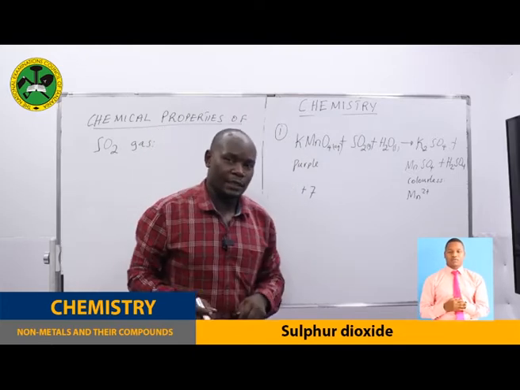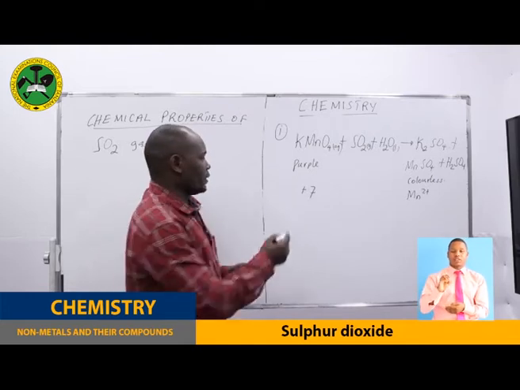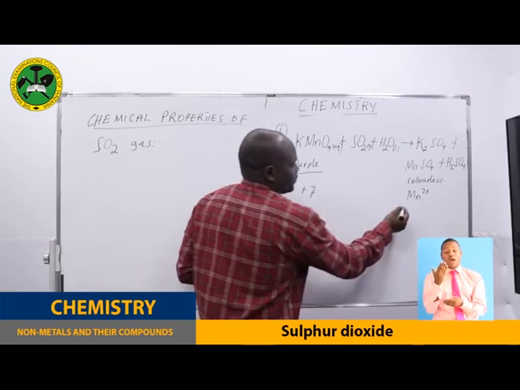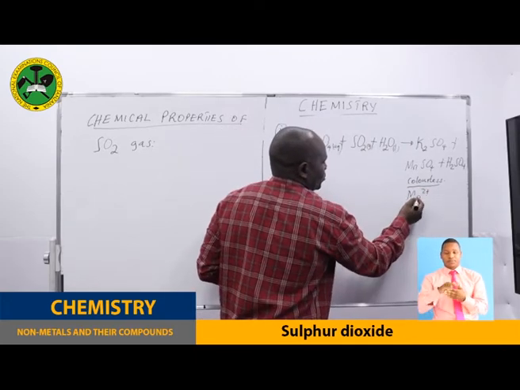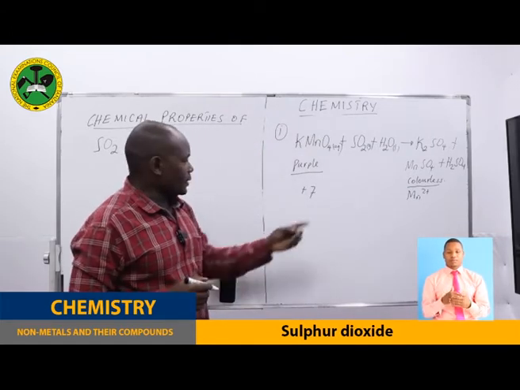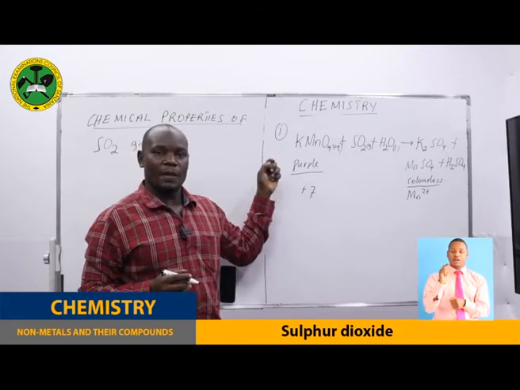And the reduction of potassium permanganate is accompanied with a color change, whereby the purple color disappears. So the solution becomes colorless due to formation of manganese sulfate. That is about the reaction of sulfur dioxide with potassium permanganate.